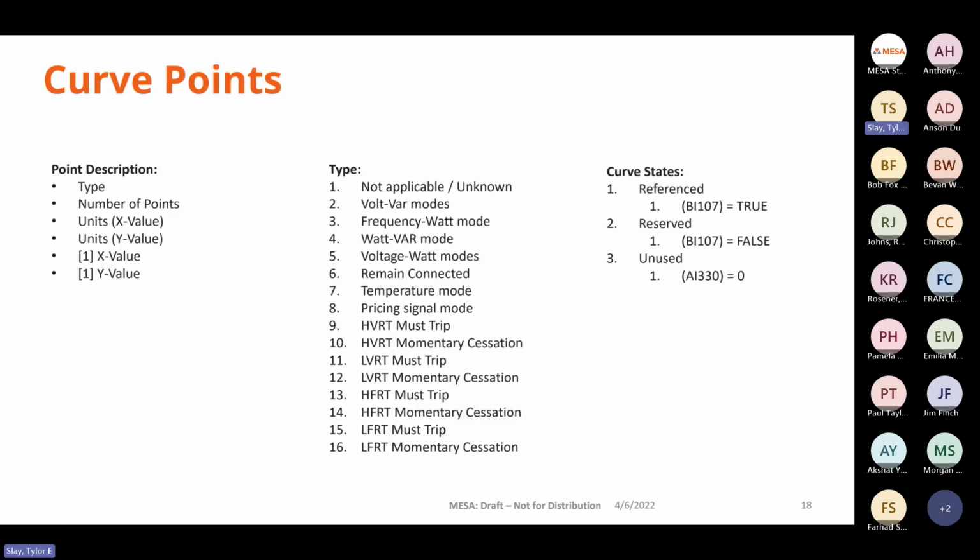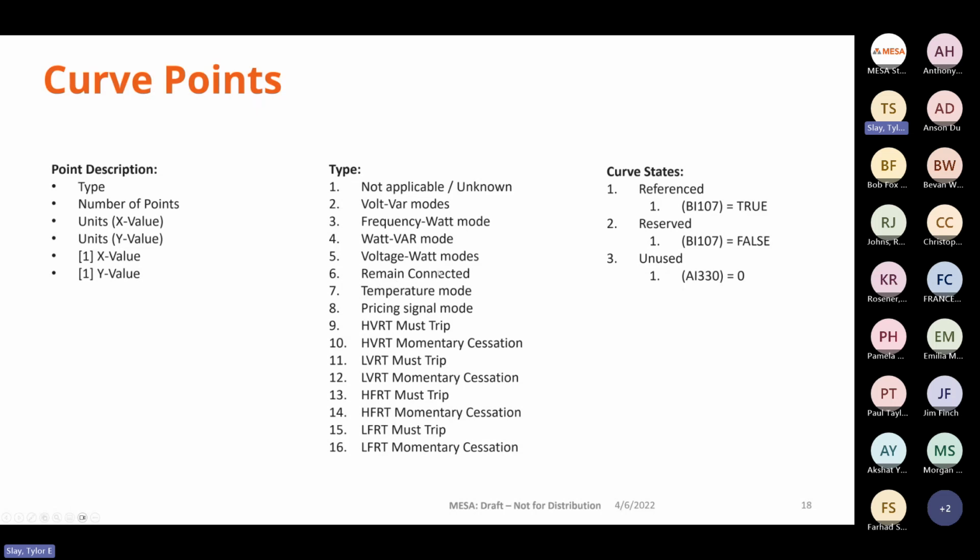For the curve points, I have a type, a number of points that you are trying to assign, the units for your x values, the units for your y values, and then up to 100 xy pairs for your curves. For our types, we have the various control modes: frequency watt, watt var, volt watt.